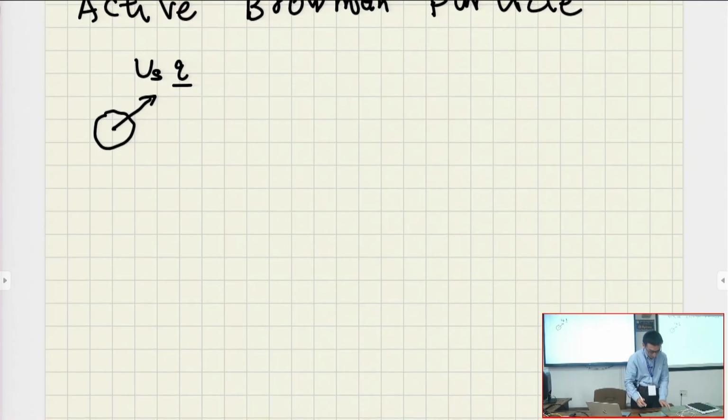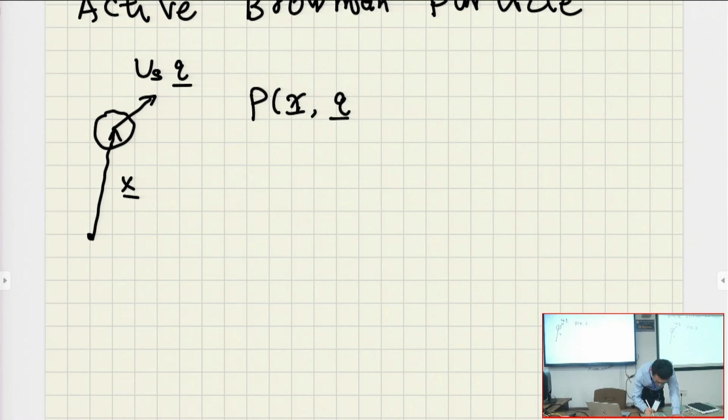Okay, so we can write down a probability density function, which specifies the configuration of the particles. In this case, we have to specify both the position, which is the position of the center of the particle, for example, and also its swimming direction to fully specify the configuration. So then P would be a function of X, Q, and time. Okay, that's good.